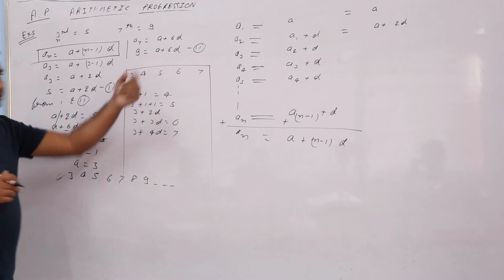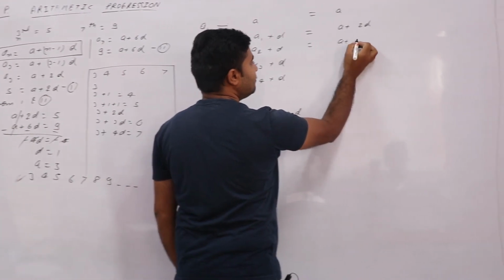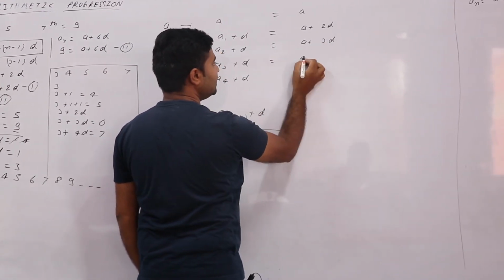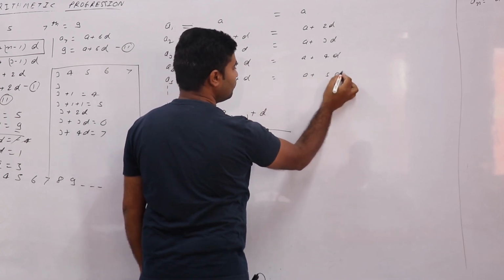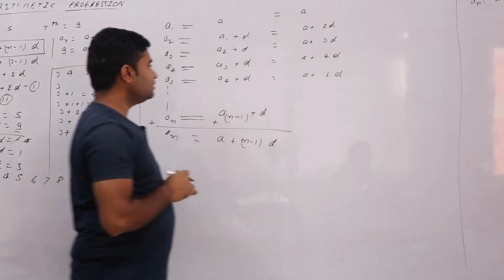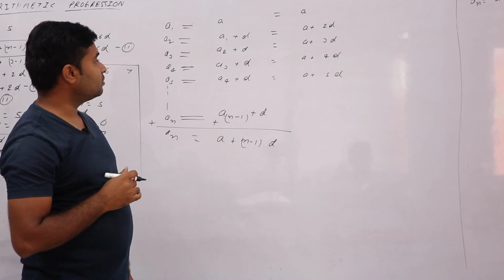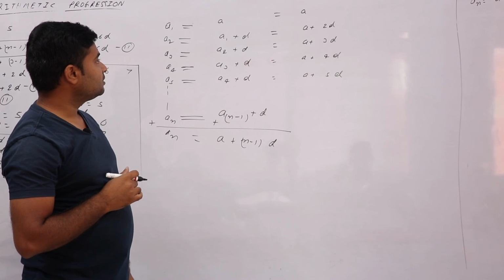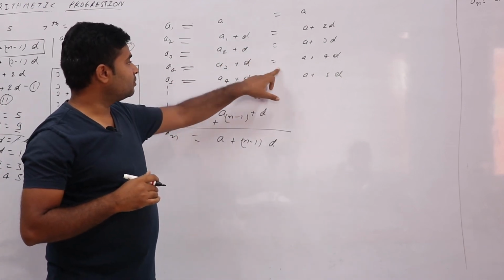So first term a, second term a plus d, a plus 2d, a plus 3d, a plus 4d, means the fifth term will be a plus 4d.